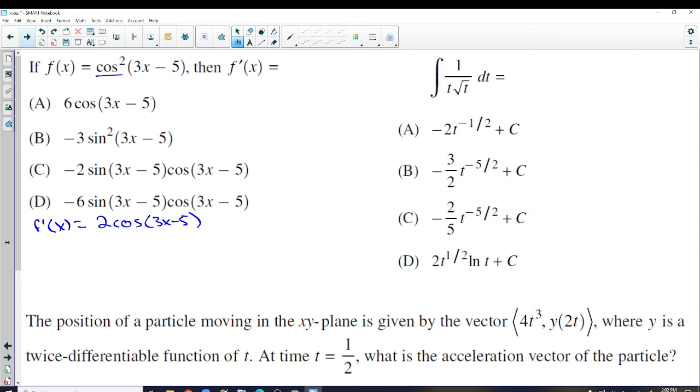The next function is cosine, so times negative sine of 3x minus 5. And then the last is the 3x minus 5, so times 3. If we multiply it all together, we get negative 6. And the only one that has negative 6 is letter D, and it has the rest of the stuff too. So there's 3 functions in one: squared, cosine, and 3x minus 5.